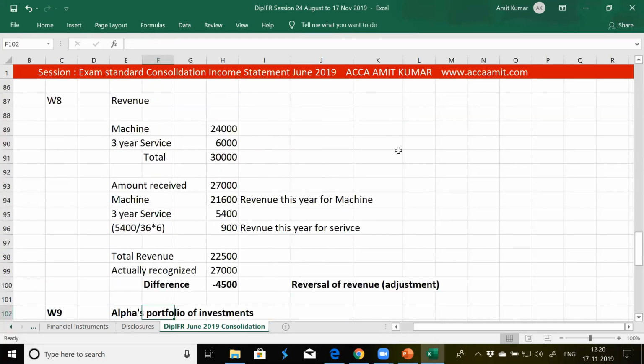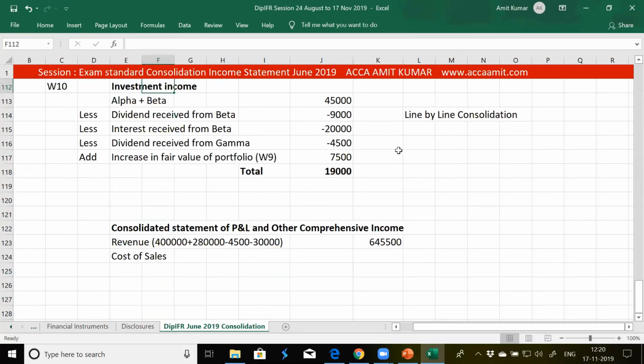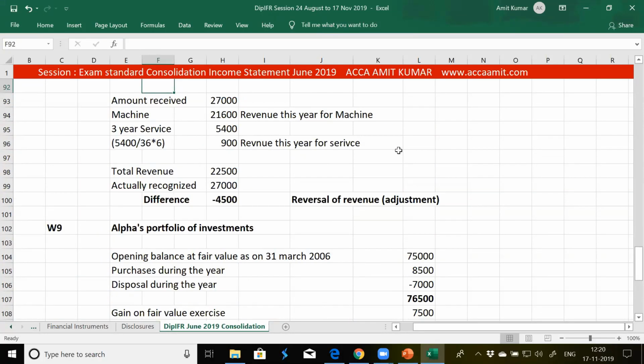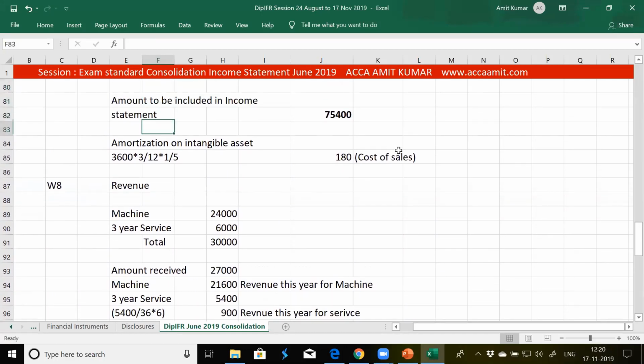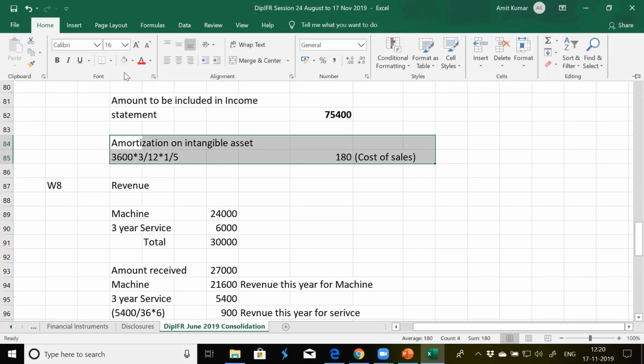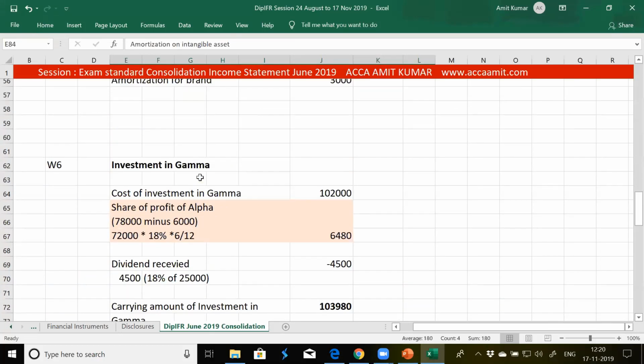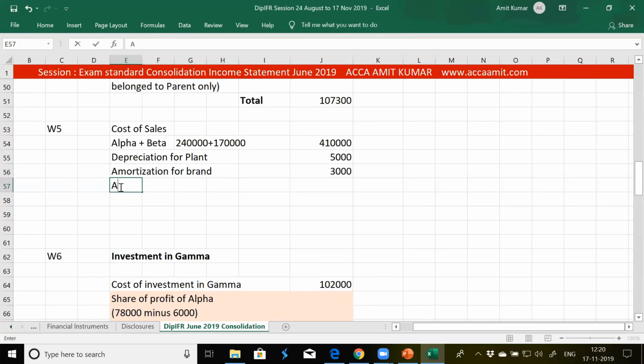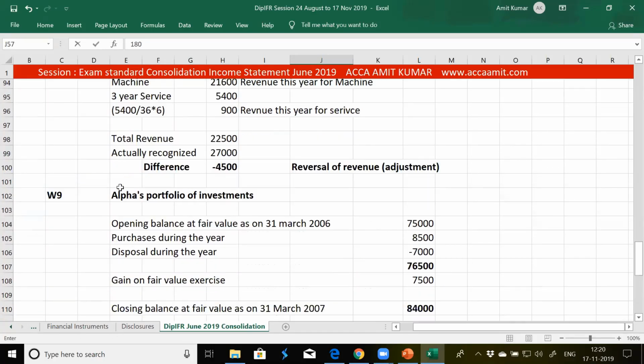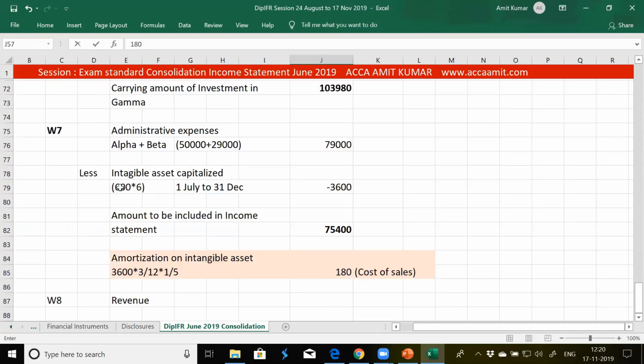If you remember, in the development costs, we decided that we'll be adding amortization of the intangible asset as part of cost of sales. Amortization of development asset, 180, which is note number 7.